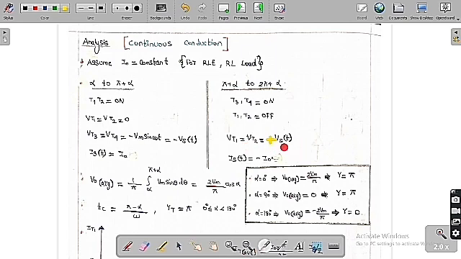So from pi plus alpha to 2 pi plus alpha, they blindly follow the source voltage, which is plus Vs of t. If you apply KCL, Is of t is equal to minus I naught.